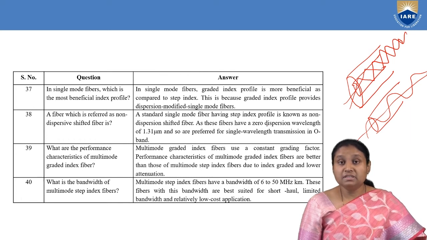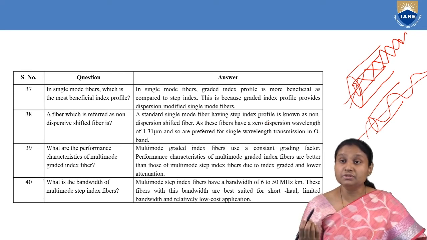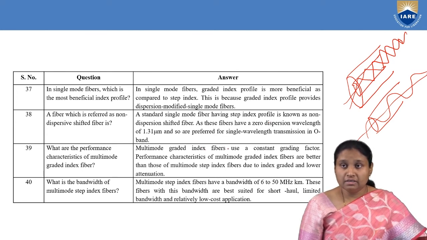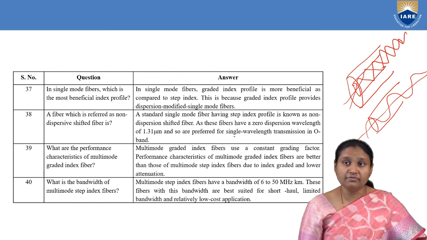And all these fibers will have zero dispersion wavelength. What is dispersion? Broadening of pulses, where different light signals take different times to reach the output. That problem we are going to overcome in the case of single mode fibers. And of course, here single wavelength transmission in the O band.